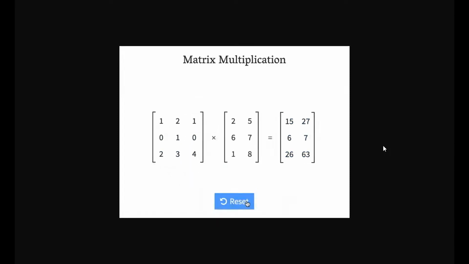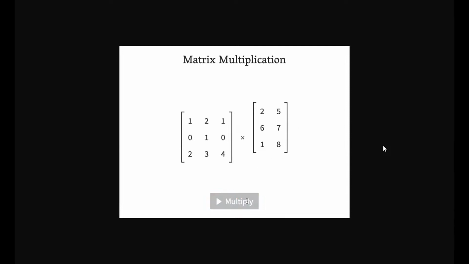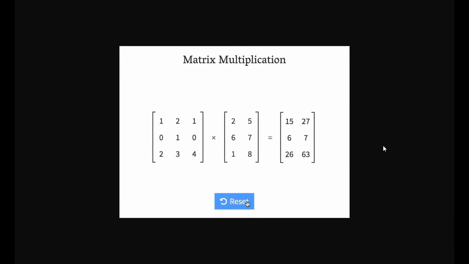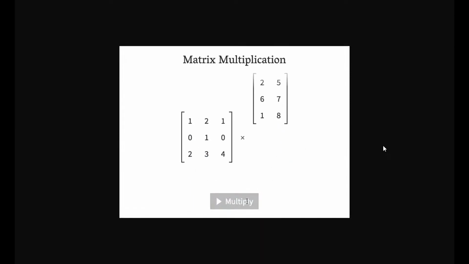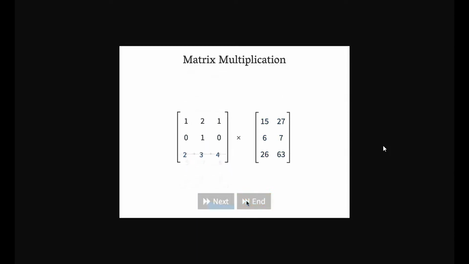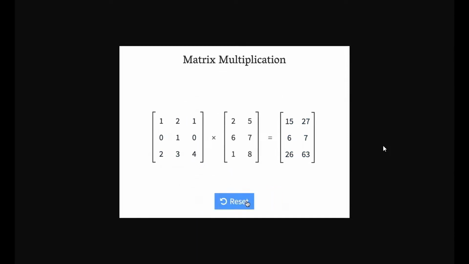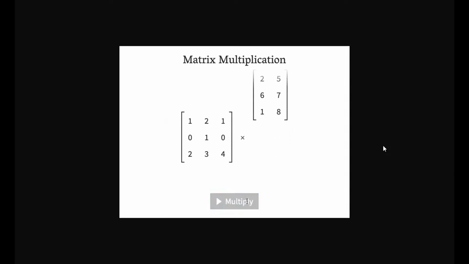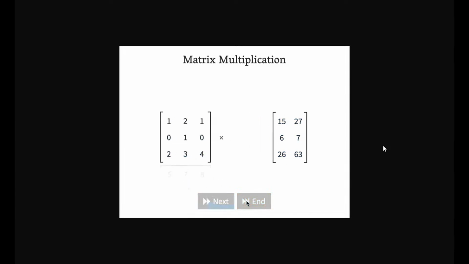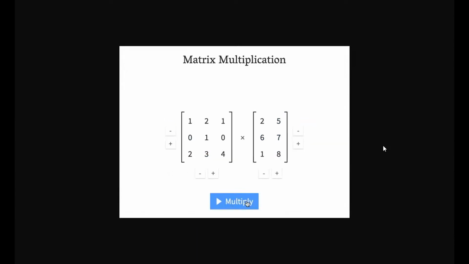So that's what multiplication of matrices is. I hope the rule is clear: the number of columns in the first matrix must be equal to the number of rows in the second matrix. Whenever you write a matrix program, you have to consider this condition, else the program will go wrong.